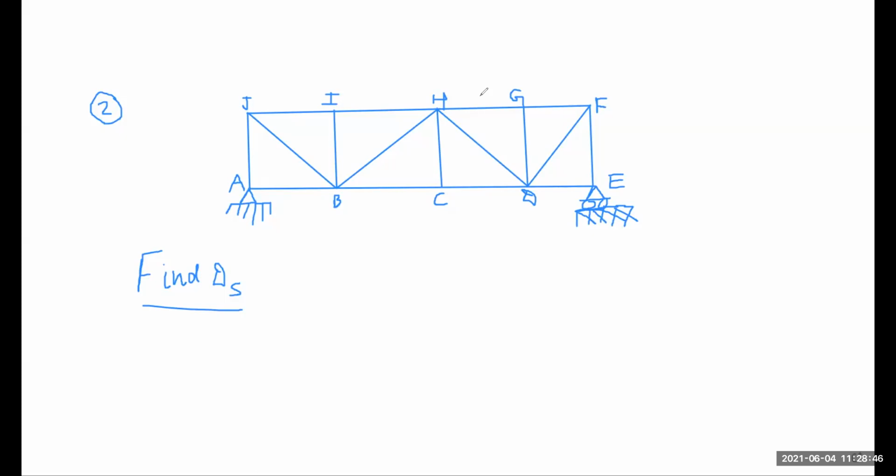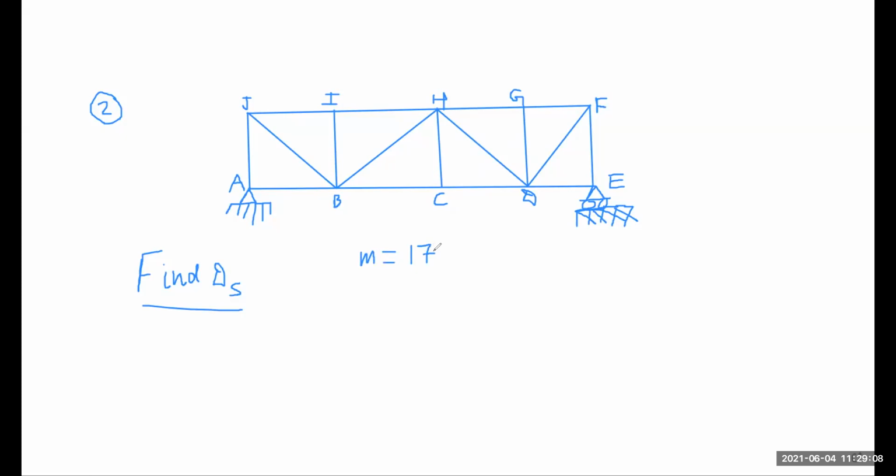Yes, by using the formula m plus r minus 2j. Total number of members are 17. M is equal to 17.